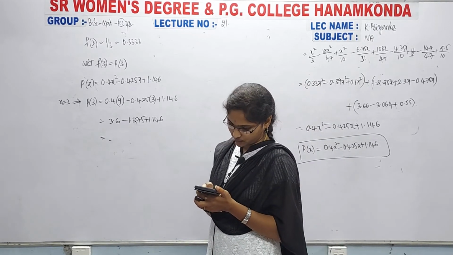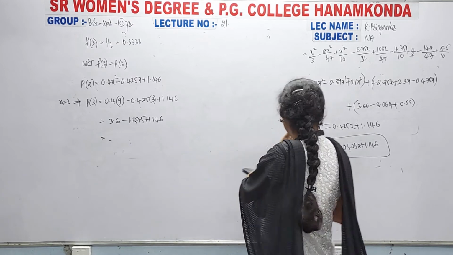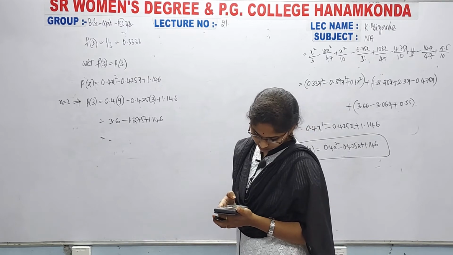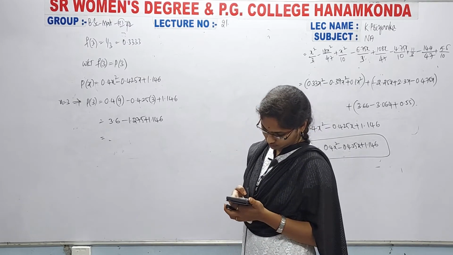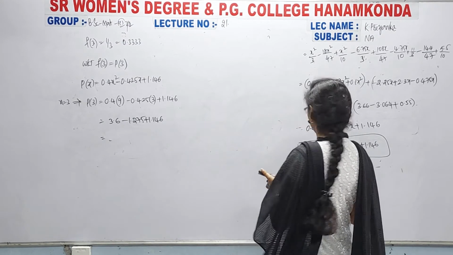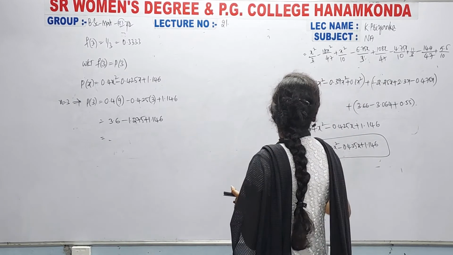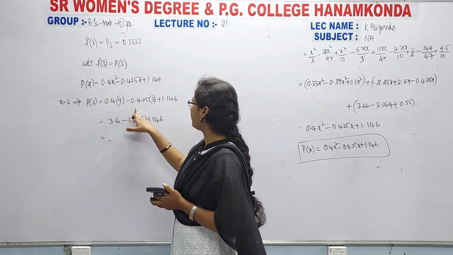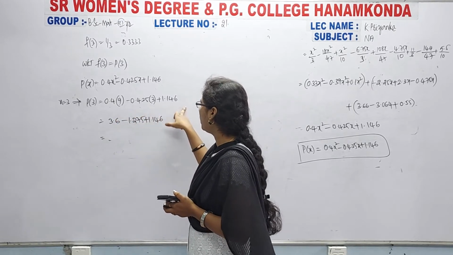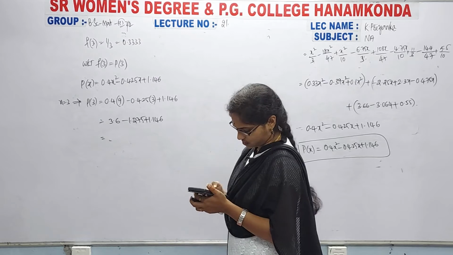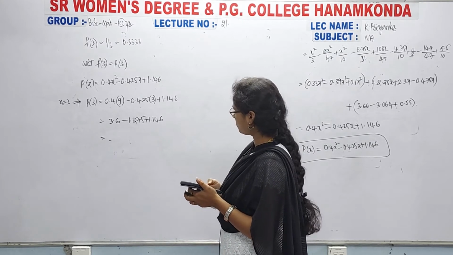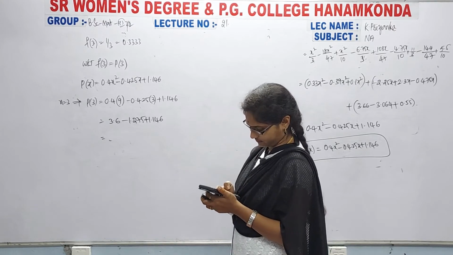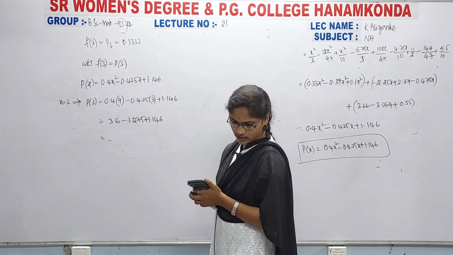I am just checking whether my equation is correct or wrong. Yes, it is correct. So here we have to substitute that x value. Now 0.4 into 9 minus 0.425 into 3 plus this one. So 3.6 minus 1.275.